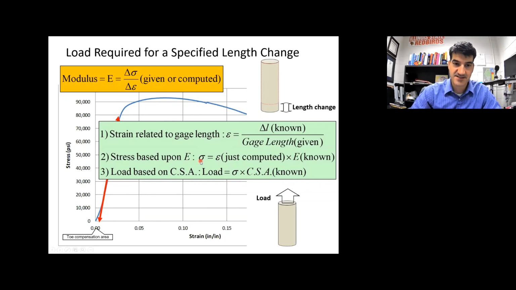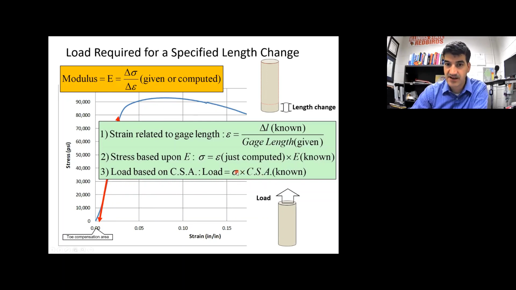And then lastly, if you know what the stress is and you know what the cross-sectional area is, which you can calculate if you know the dimensions of the part, then you can calculate what the load or the force is. So rearrange the stress equation and you find that the load, or the force, equals the stress times the cross-sectional area.